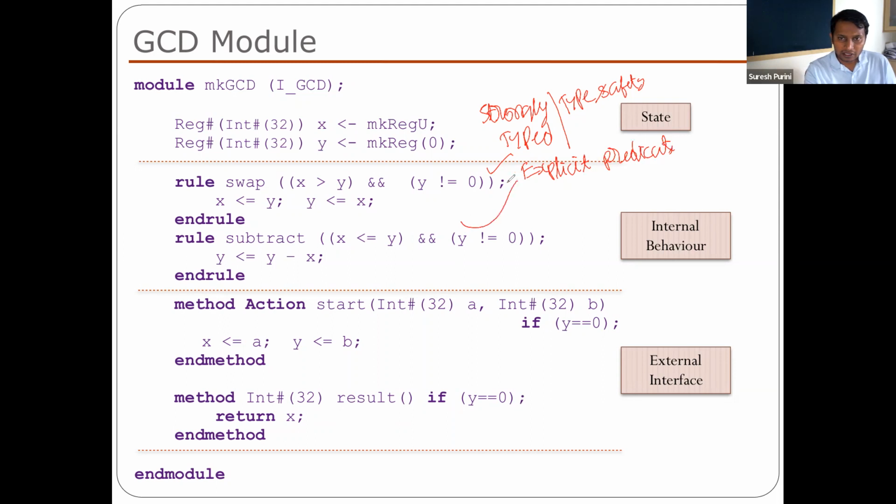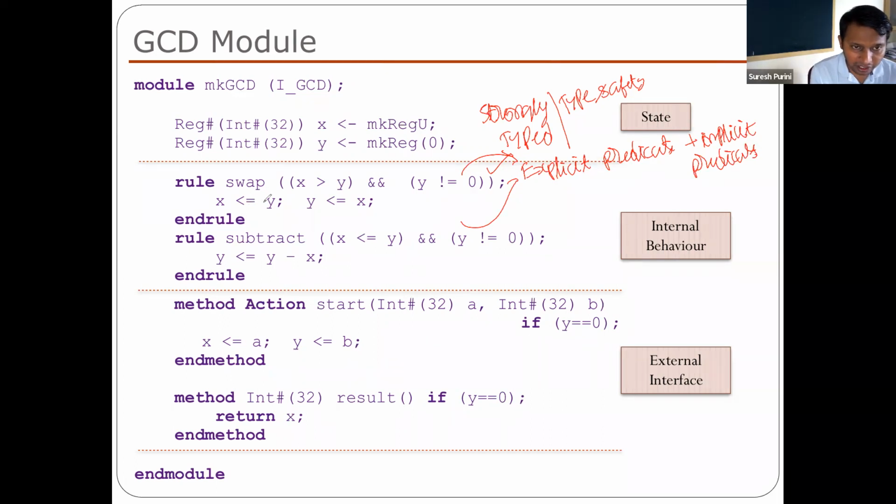So similarly, this is also an explicit predicate. So these two rules can fire only when the corresponding explicit predicates are true. And the second thing is there can be some implicit predicates, but in these two rules there are no implicit predicates.